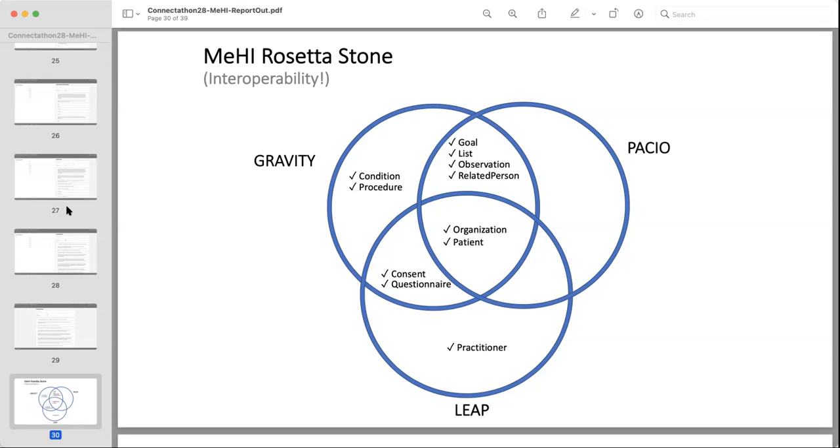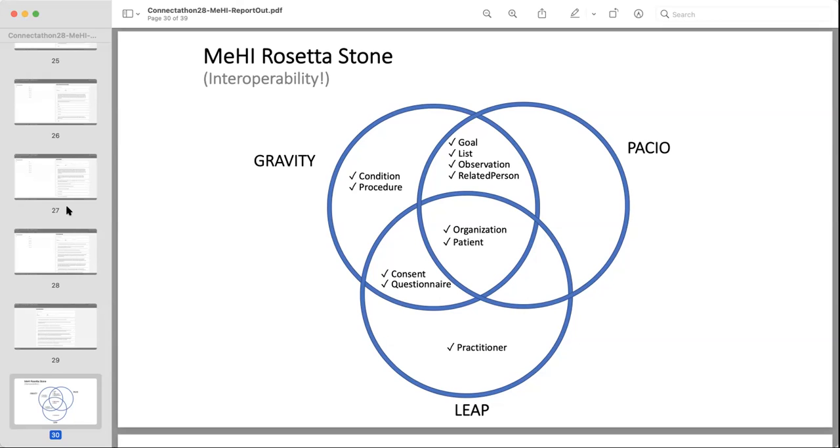Whereas Leap differentiated itself by being much more practitioner clinician focused, and that's also represented in the CDS hooks. Passio and Gravity could both be stood up, I would dare say, as patient only aspects, patient or practitioner, whereas Leap seems to require a clinician workflow.